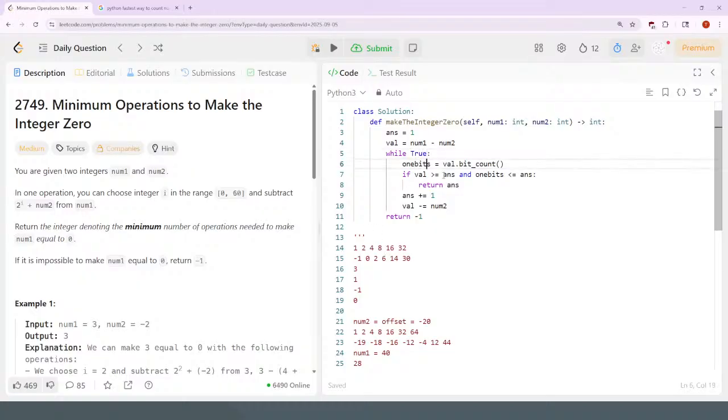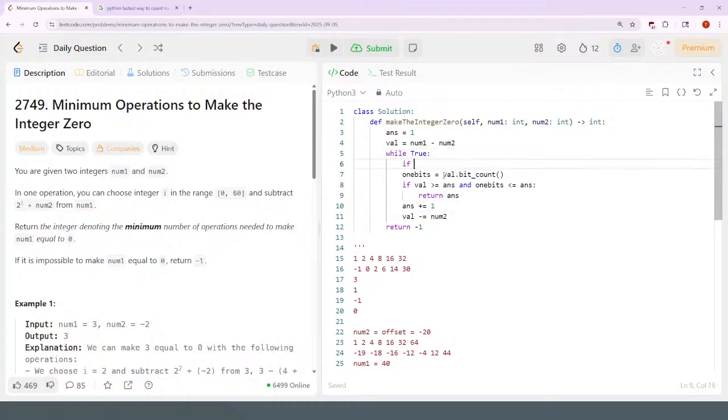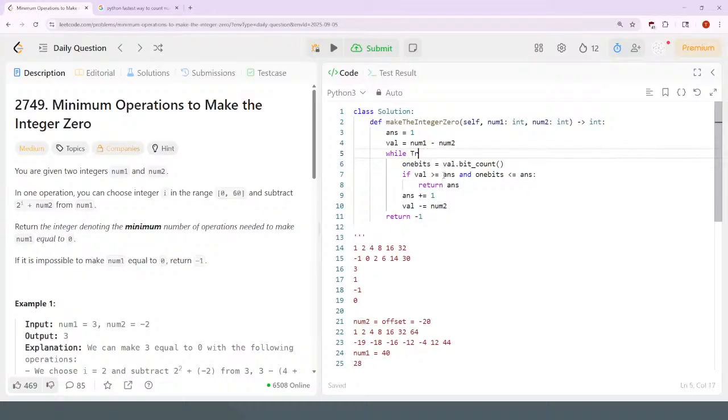Let's see here what's true. I guess I can do here, while value could be negative, that's fine.